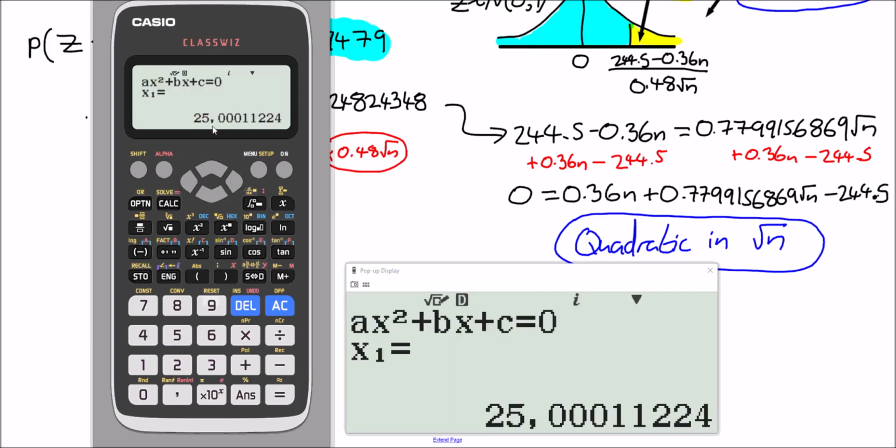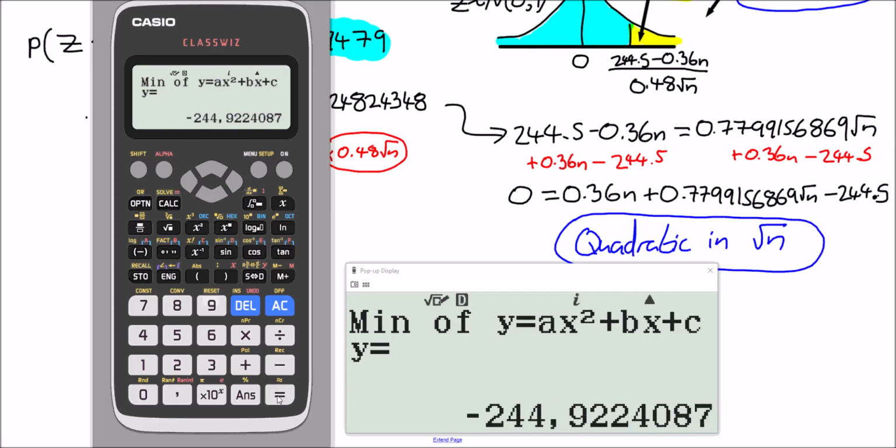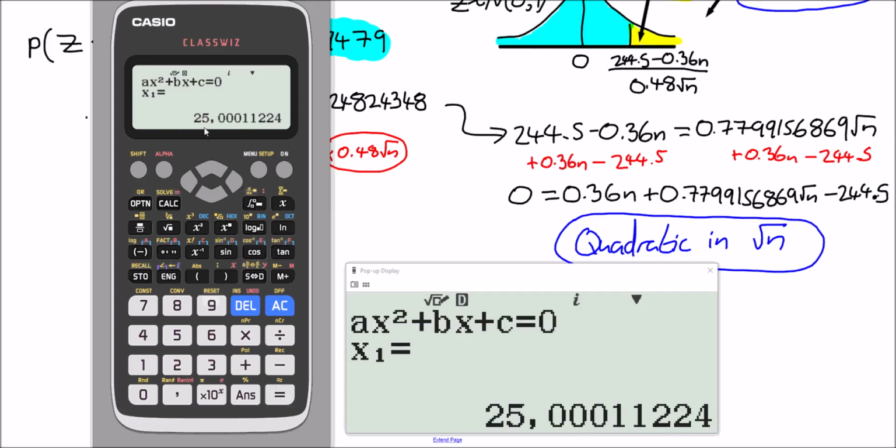One value of n is 25, sounds possible. Another value is minus 27. So we can't really have here, remember this here, working out root n, we can't have the square root of something where it's a negative. So we've got to say that therefore the value we're after is this, which is almost exactly 25.